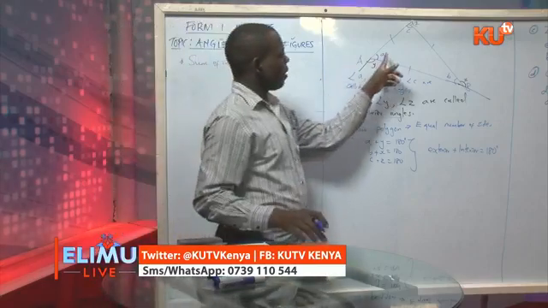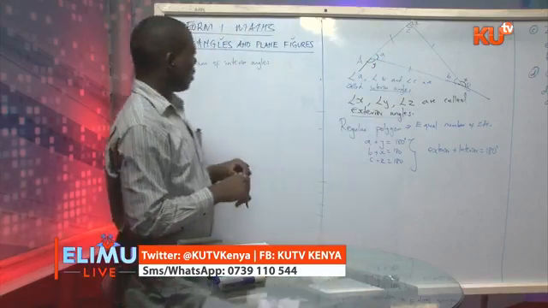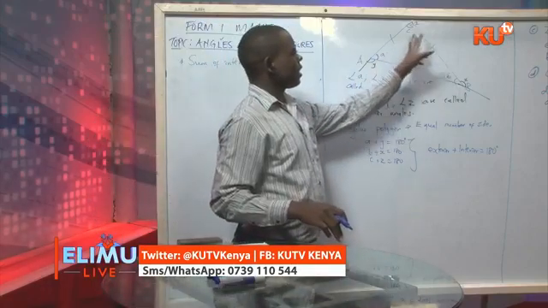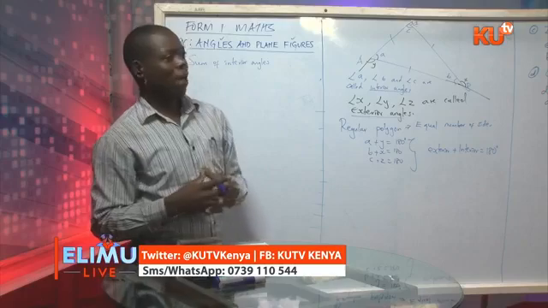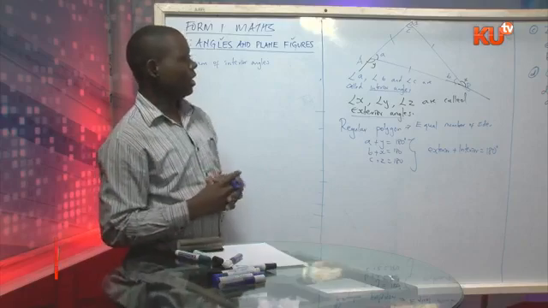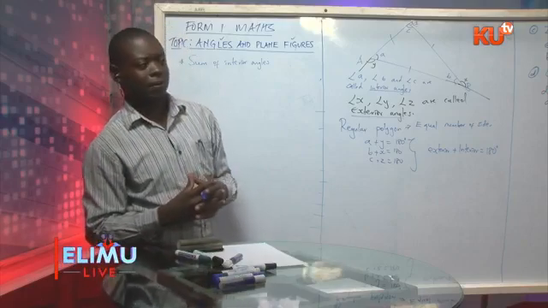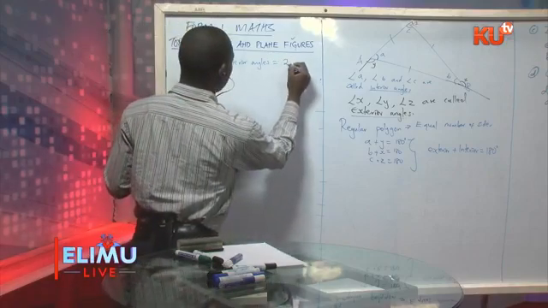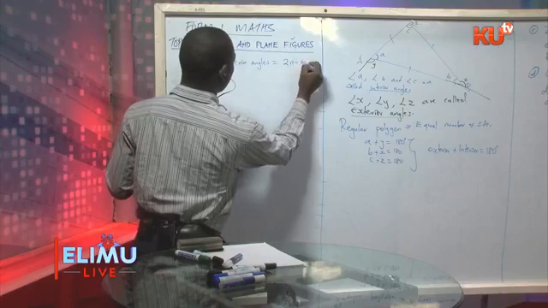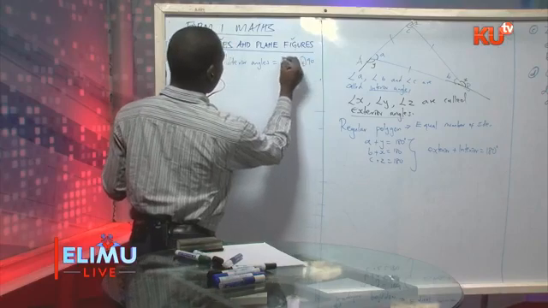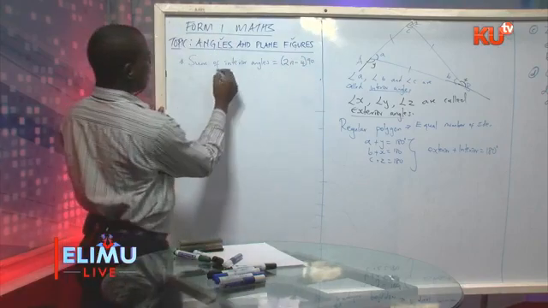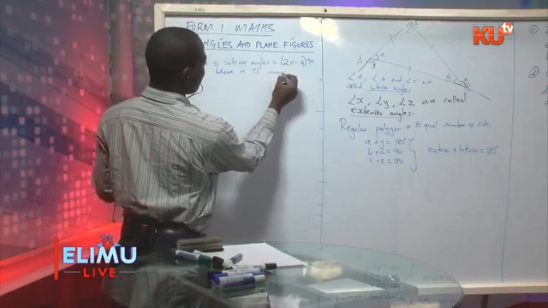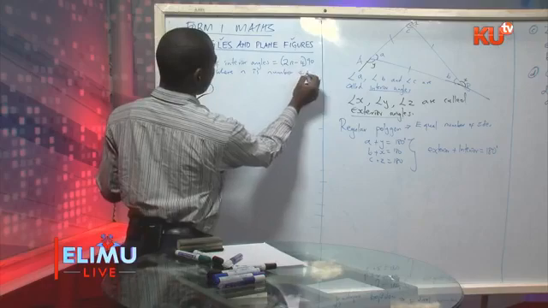Now, assuming that these angles are 60, 60, 60, then the sum of angles in this polygon is 180 degrees. If you are to calculate the sum of interior angles, we have (2n − 4) right angles, and in this case, n is the number of sides.